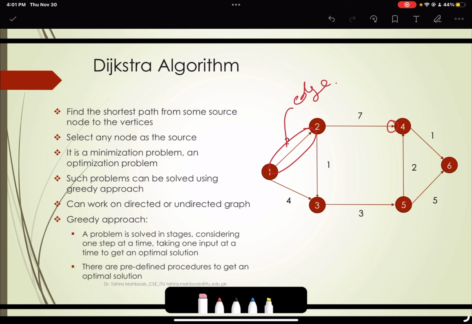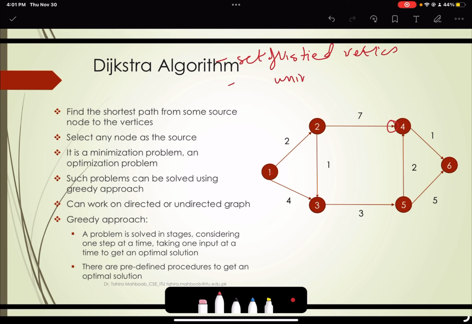So the algorithm works by maintaining a set of visited vertices and a set of unvisited vertices.